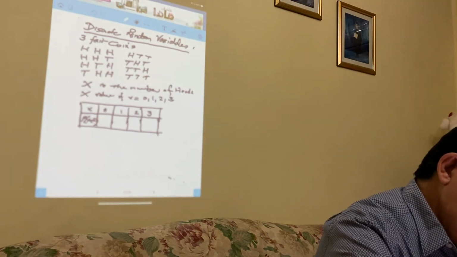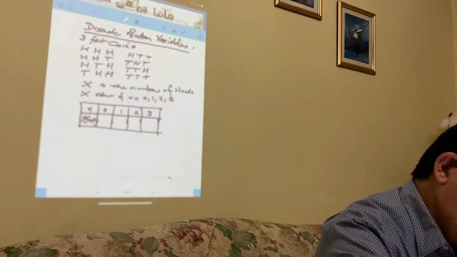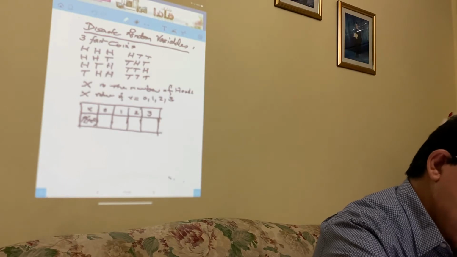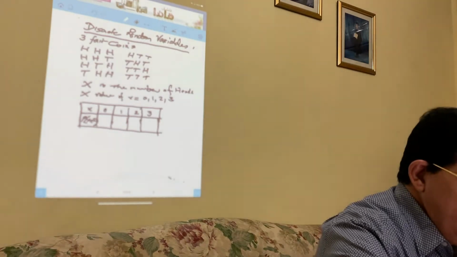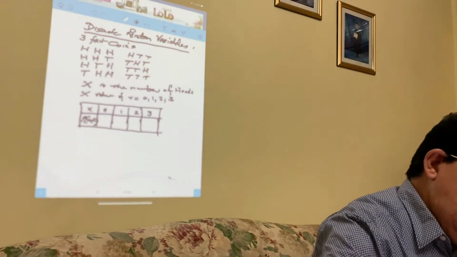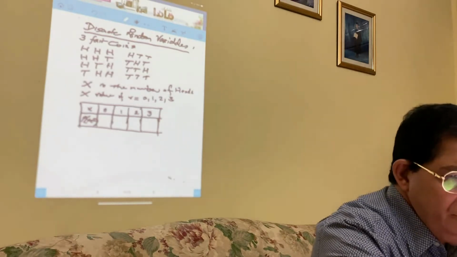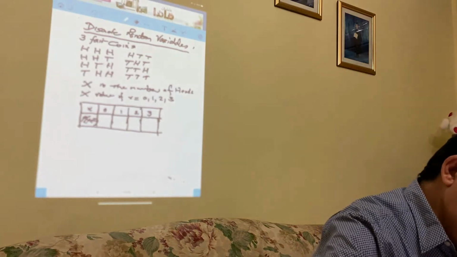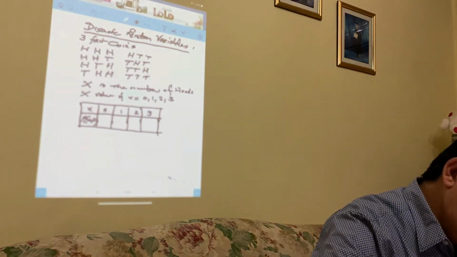What is the probability that X equals 0? It means the number of heads is zero, which is the last case. Therefore, it is one case out of 8. The probability is 1 over 8.